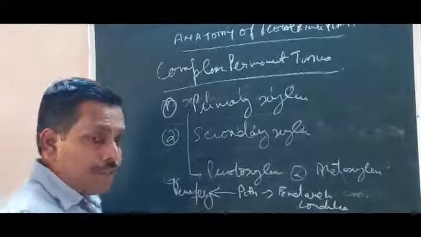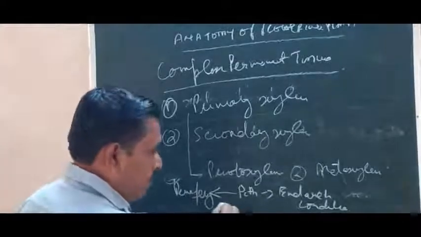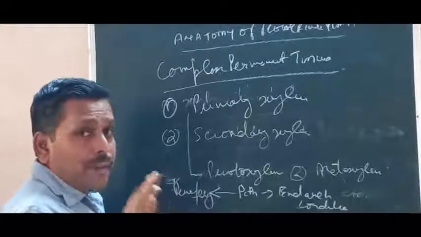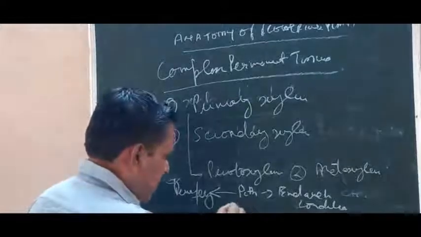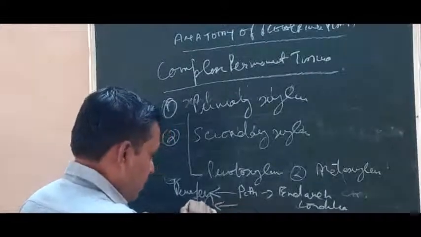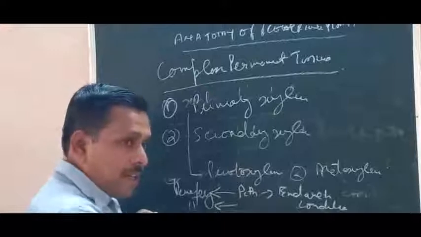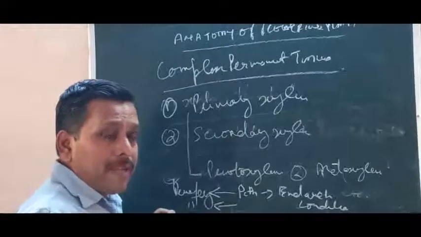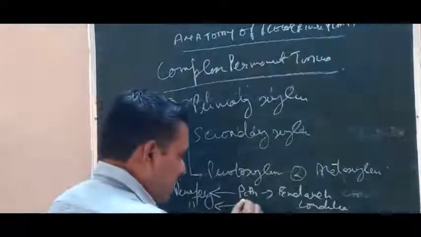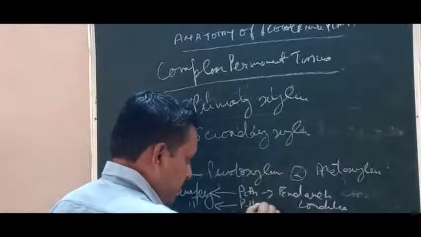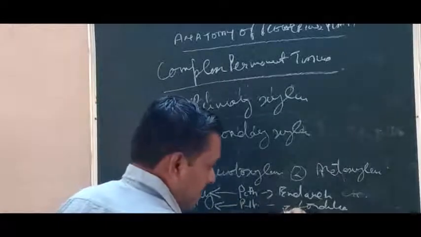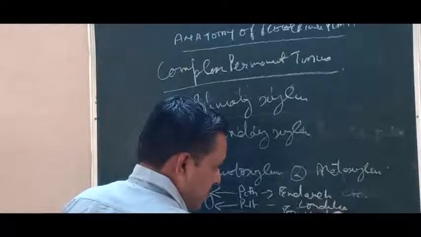While in roots, the protoxylem of primary xylem lies towards the periphery, while the later formed primary xylem, metaxylem, lies towards the center or pith. This condition is called exarch, E-X-A-R-C-H.